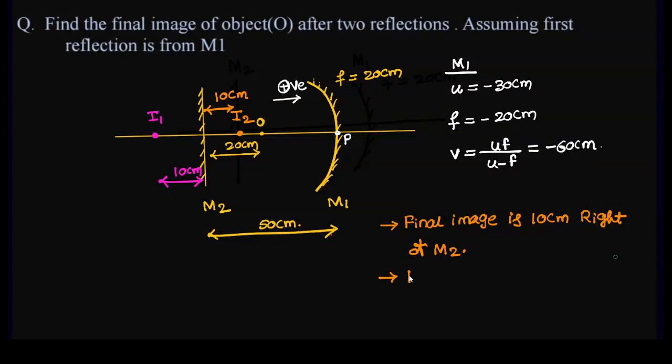Or we can write it as the final image. Final image is where? 40 centimeters left of M1, isn't it?